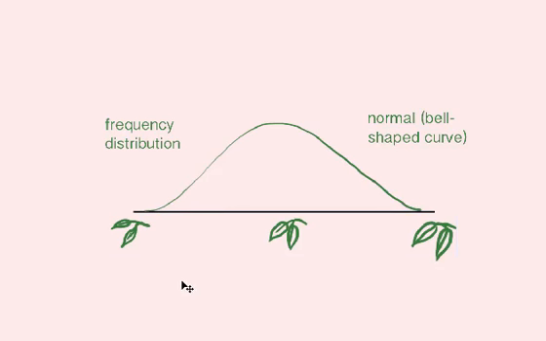And basically, if you have a huge herd of cattle and you're measuring the milk yield per week of every last cow in your herd, you would again have this frequency distribution with the average milk yield being the most common.